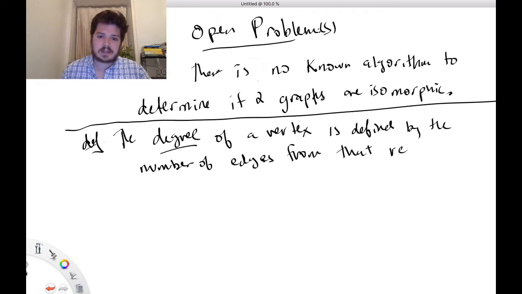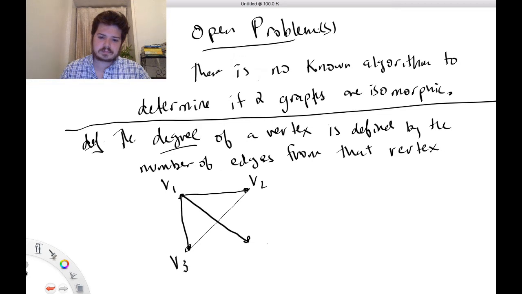So let's just do an example that we had before. So this is V1, V2, V3, and V4. So generally when you list degrees of a graph, we do it from the smallest degree up. So look at V4 here. There's only one edge emanating from V4, so that has degree 1.